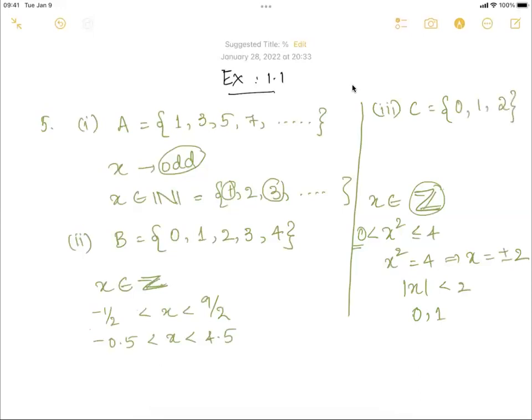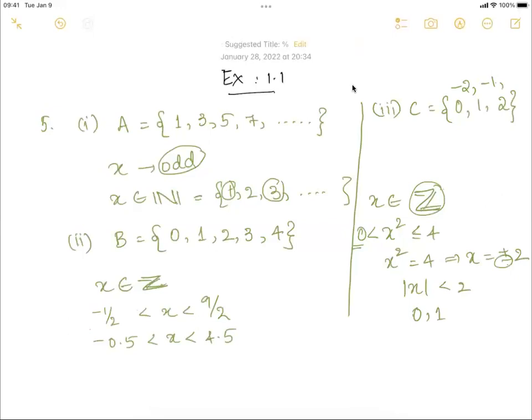And you can check that these are all integers, except that you will also have -2 and -1 in it, because we're dealing with integers. Plus and minus, both of them count. So C will be a set of 5 integers: -2, -1, 0, 1, and 2.